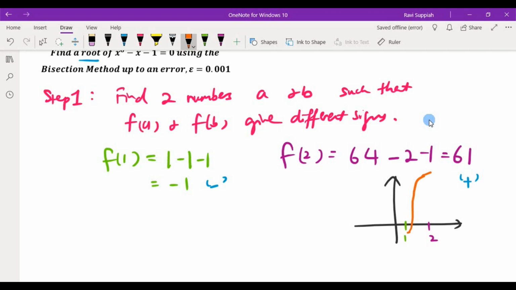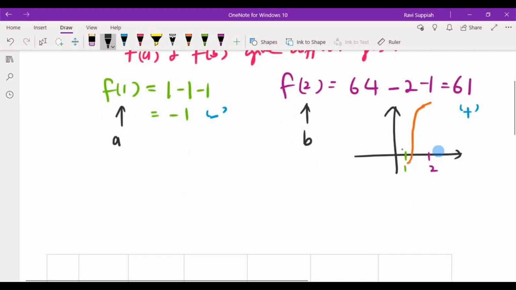So from negative 1 it goes all the way to 61 over here. So that is the first step. From this we can say that your a is equal to 1 and your b is equal to 2. All right, now we can go on to the next step.